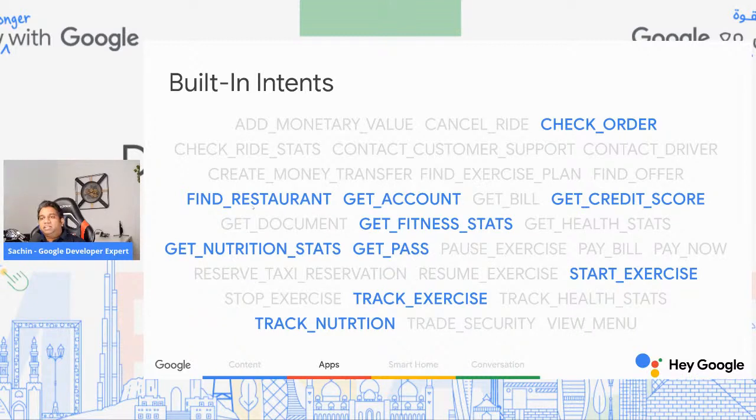Anything to do with exercise or activity, you can use track exercise activity, or start exercise as another one. If you're looking to give nutritional information, you can use the get nutrition stats built-in intent. So there are predefined built-in intents that Google has already defined, and if your Android application falls into any of these categories, you can definitely go ahead and implement this, right?